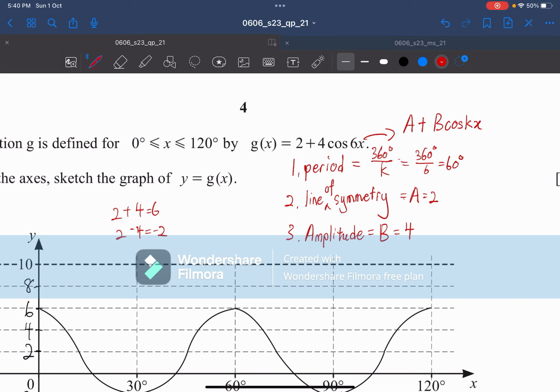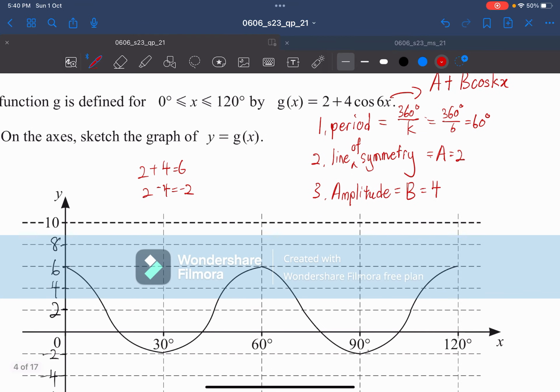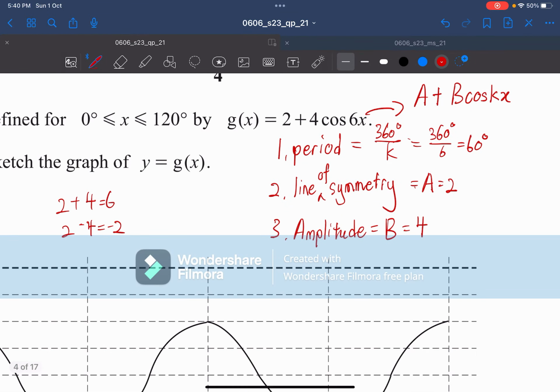Okay, so the second thing you need to find is the line of symmetry. In this case, it's a, which is equal to 2, right here. And the last thing you need to find is the amplitude, which in this case is b, which I wrote as 4. So although this may be the amplitude, you need to know that that's not the range of the g(x) graph.